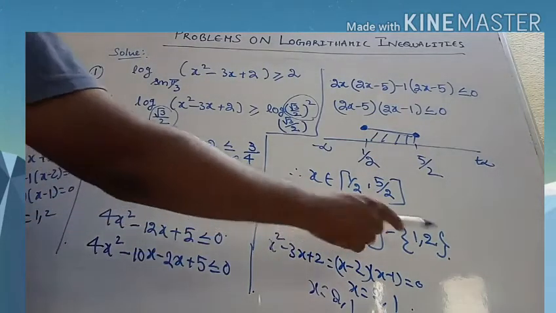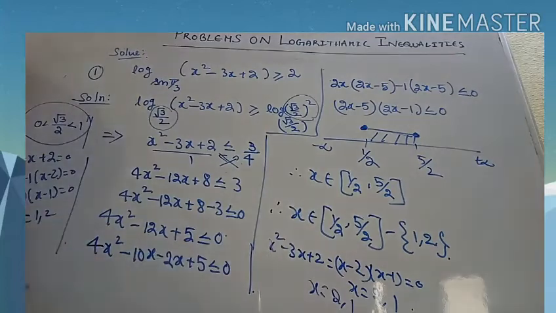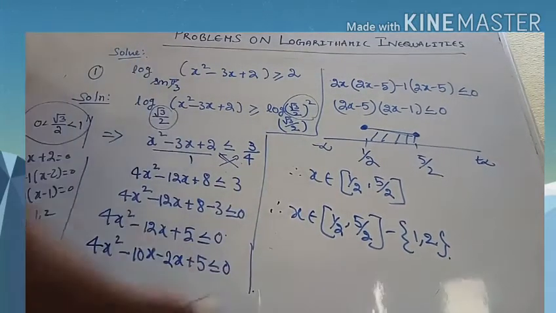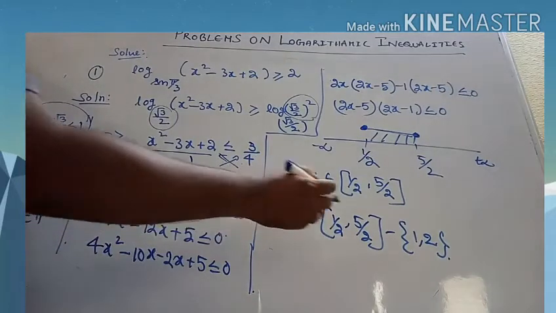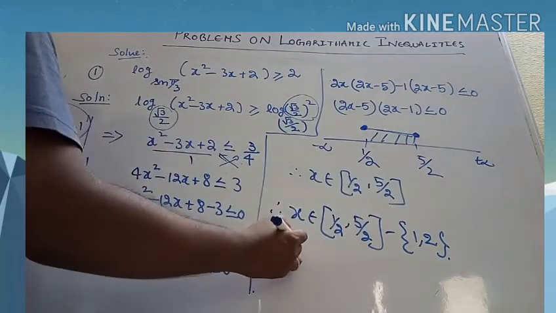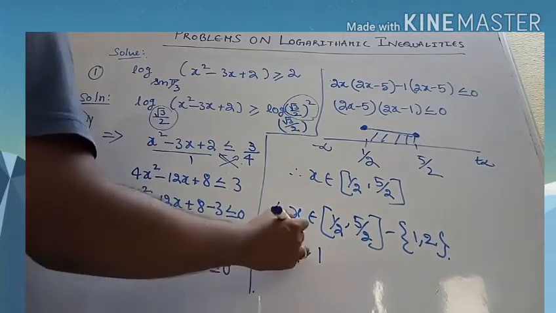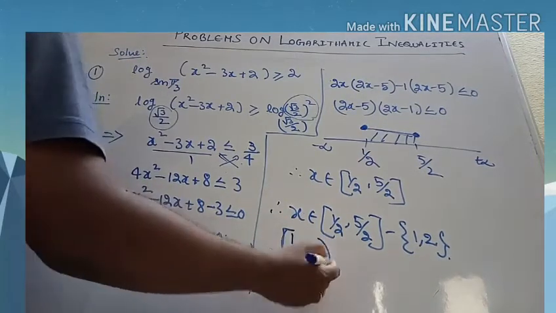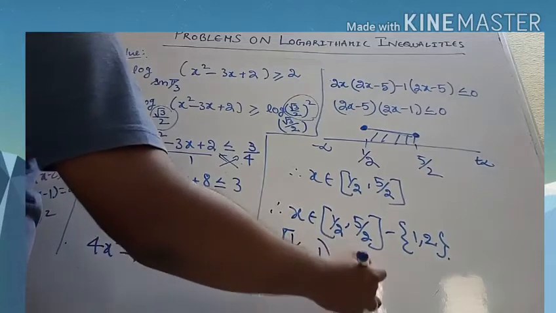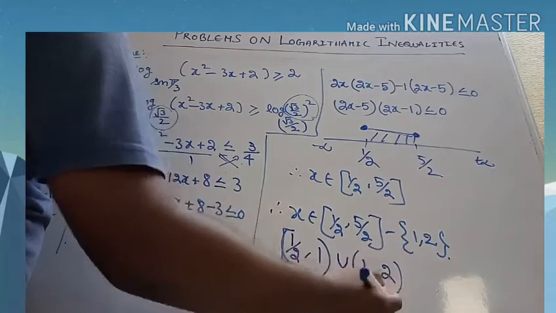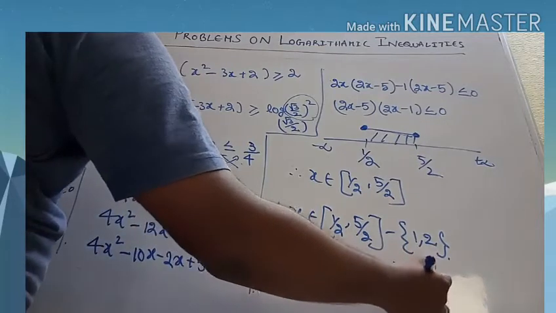After excluding that, you have the solution set like this: x belongs to [1 by 2, 5 by 2] minus {1, 2}. This you can write as [1 by 2, 1), where 1 by 2 is included and 1 is excluded, union (1, 2), where 2 is excluded, union (2, 5 by 2].